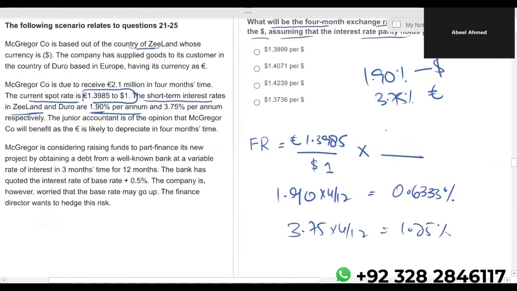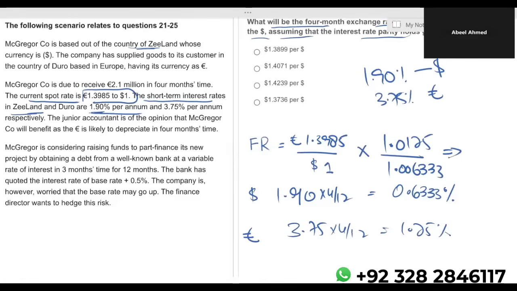So it will become 1.00633 for the dollar, and 1.0125 for the euro. This is representing the euro, 3.75, and the dollar is 1.9. So 1.0125 divided by 1.00633.